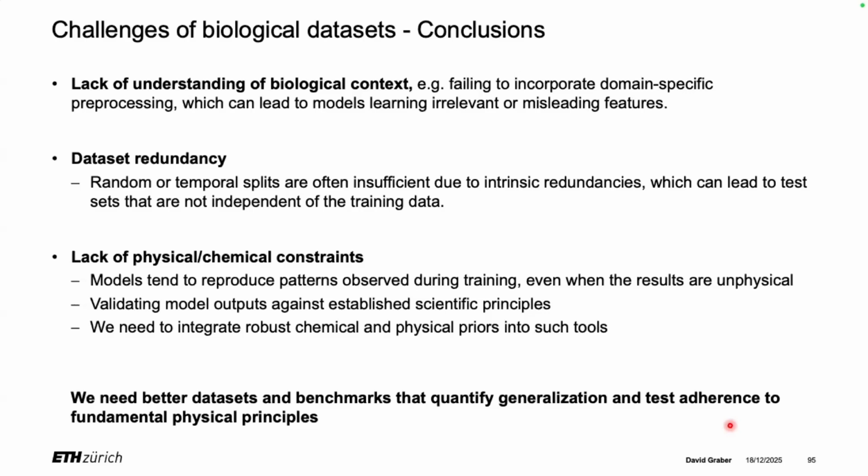And we need to think about how we integrate these chemical and physical priors into such tools. And in general, we just need better datasets that are based on careful curation and data splitting strategy, and benchmarks that quantify generalization and also test the adherence to fundamental physical principles.